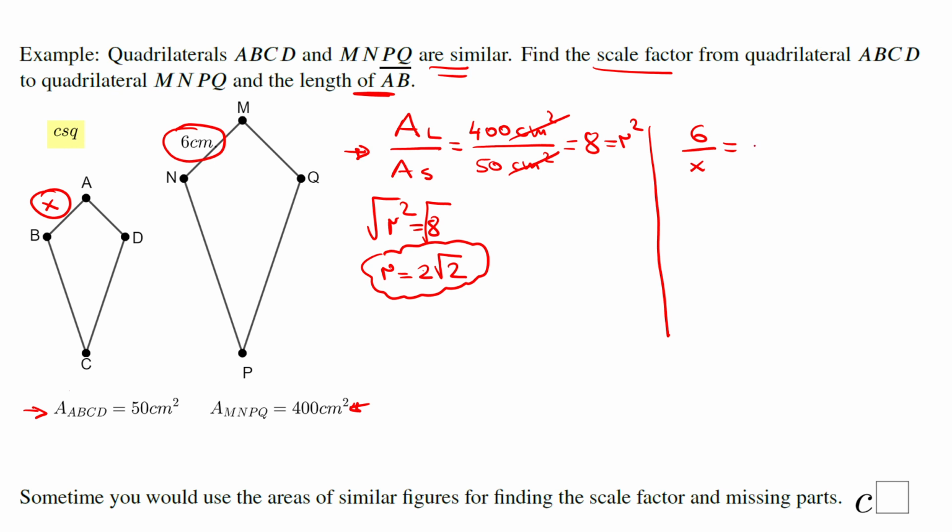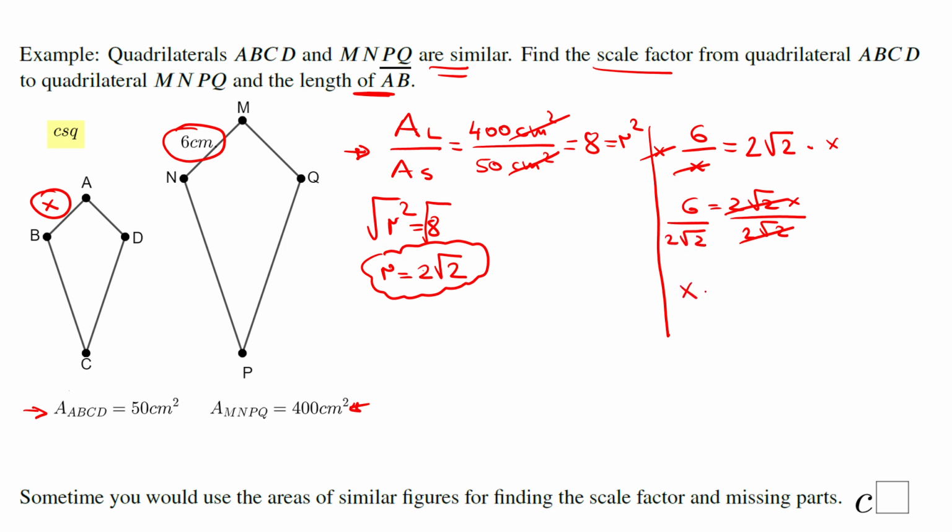Equals that r, 2 square root of 2, and I'm going to multiply by x to cancel this x, and we have 6 equals 2 square root of 2 x, and now I'm going to divide by 2 square root of 2 on both sides. And what do I get?